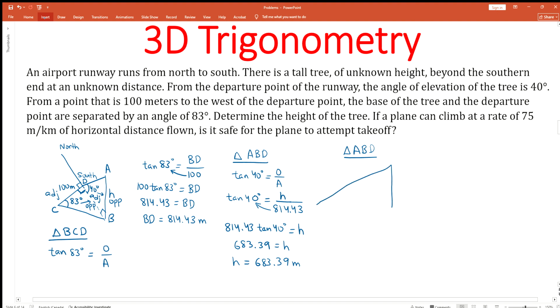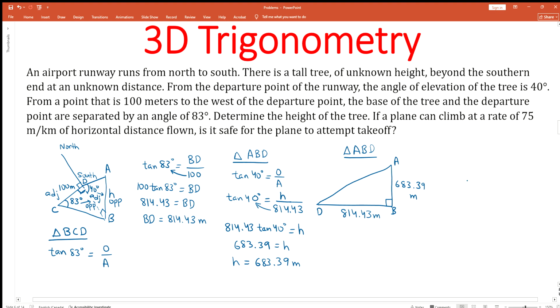It is a right angle triangle. The height of the tree is 683.39 meters and the distance of point B from point D is 814.43 meters. We have to find whether the plane can fly over point A or the top of the tree.